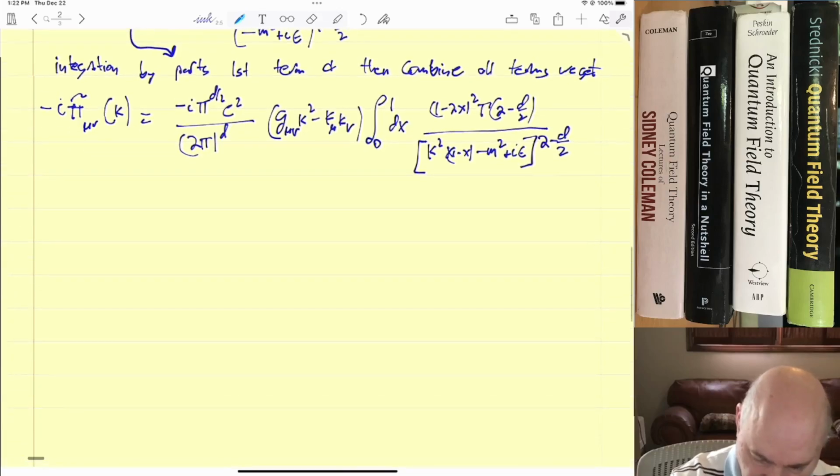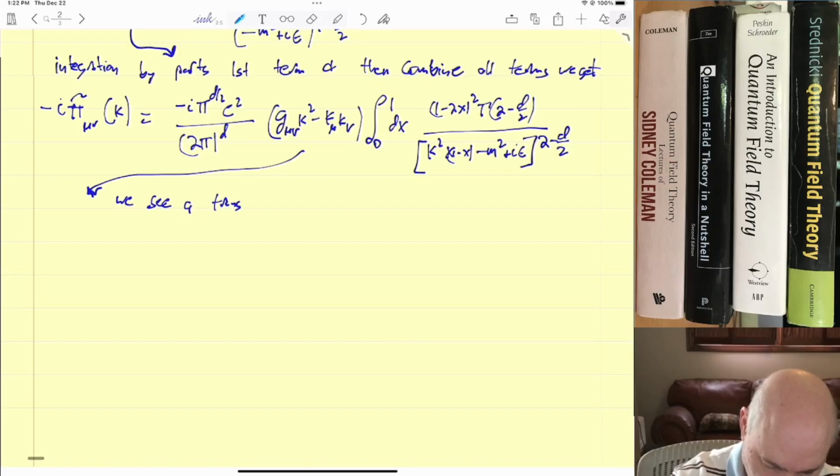So as before, last time, we see a transverse expression. That's the g mu nu k squared minus k mu k nu, and the counterterm diagram is just like last time.